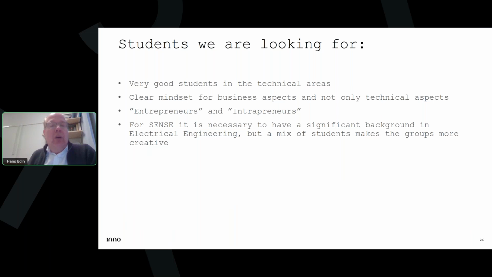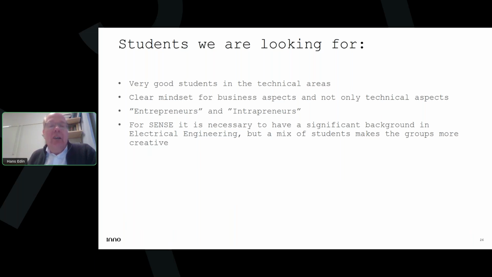The type of students we're looking for are very good students in the technical areas, but that is not everything. You don't need to be absolutely top, but you have to be creative. We want students that have a clear mindset for business aspects and not only the technical aspects. We're looking for people that can become entrepreneurs, meaning making startups, but also entrepreneurs who can lead development in industry.